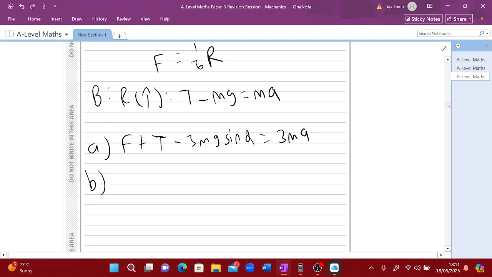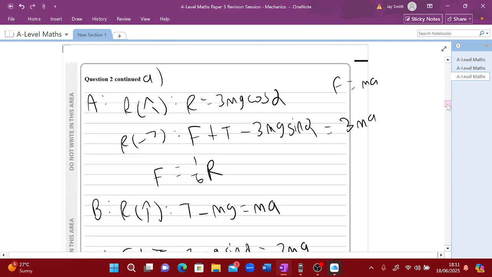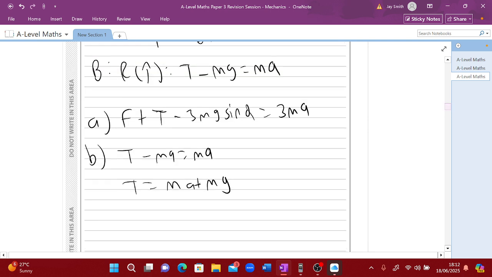But I recognise that firstly this bit here, T minus mg is equal to ma, but then T simply is m, a, and mg. So that would help for this equation at the end in part A. Okay, so that's cool. So I'm going to highlight that.